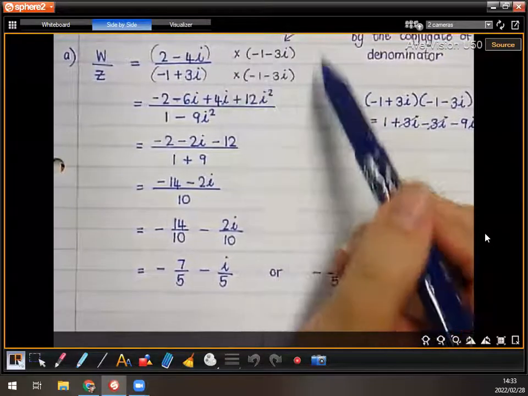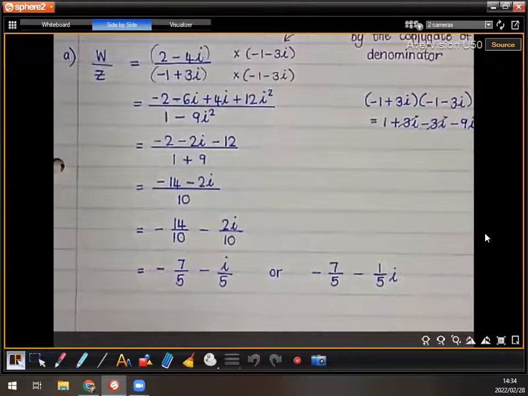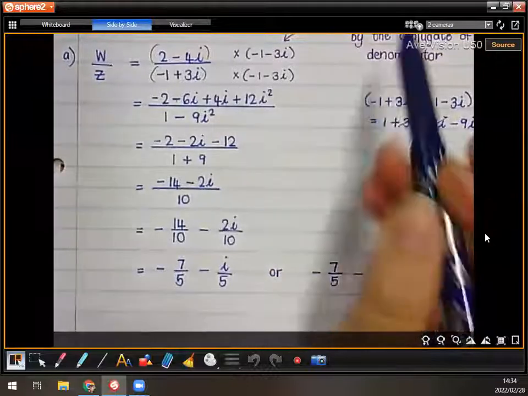If I multiply the top and the bottom by the same thing, I'm actually multiplying the fraction by 1, and multiplying anything by 1 doesn't change its value. 2 times 1 is still 2. But if I say 2 times 3 over 3, it's going to be 6 over 3. So it's still equal to 2, but it looks different, which is what we're doing here. I'm multiplying this fraction by 1 essentially.